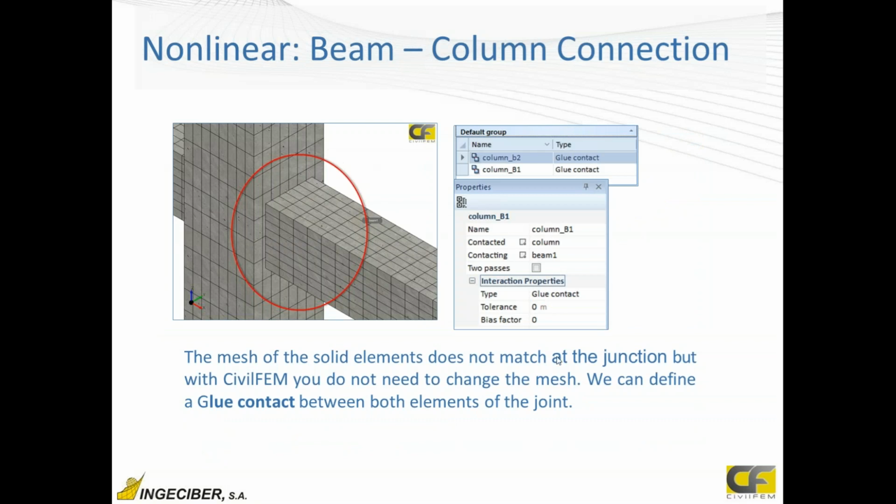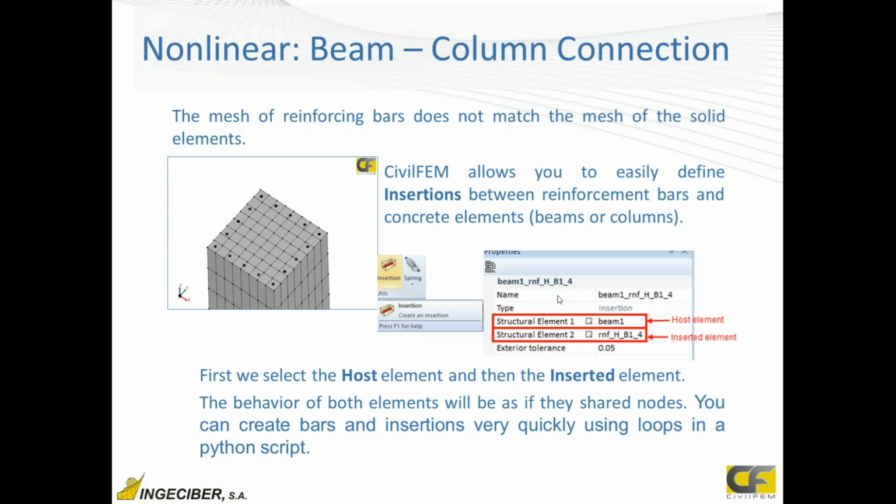We don't need to change that, as we can see. We will use contacts as well to join the different entities. So the mesh can be dissimilar, not congruent, because later we can glue them with contacts.